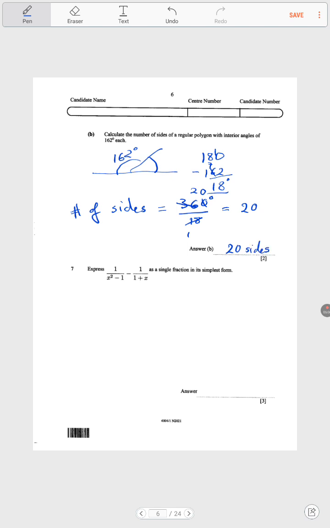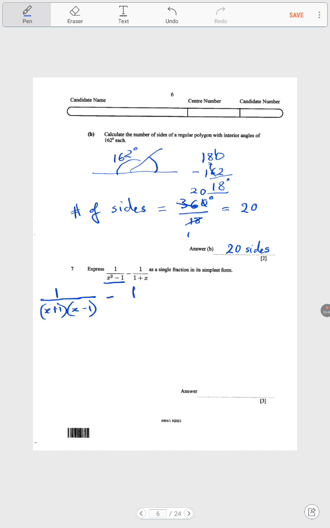Number 7 reads, express 1 over x squared minus 1 minus 1 over 1 plus x as a single fraction in its simplest form. So this is what you're going to do. You're going to realize that this one is a difference of 2 squares. So the next stage from that one is going to be x plus 1, x minus 1, which is a difference of 2 squares.